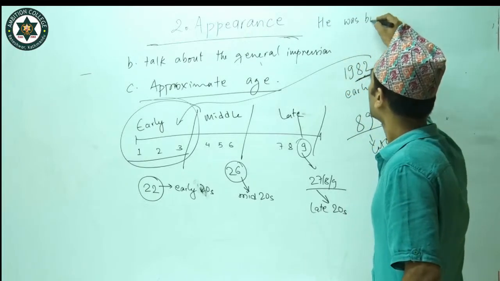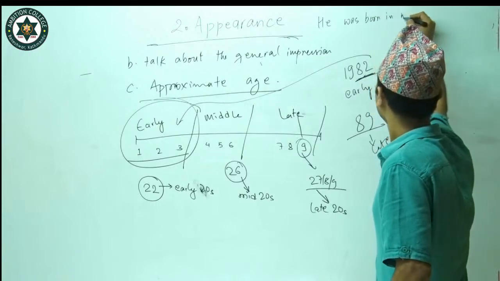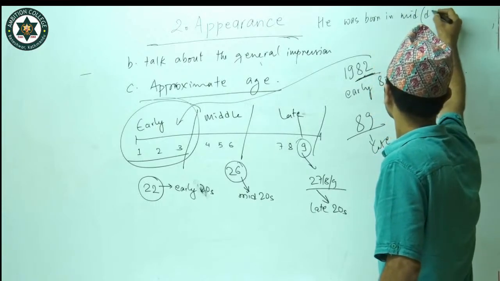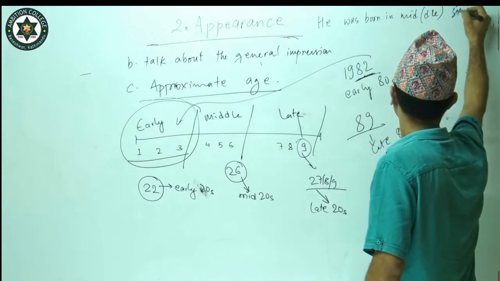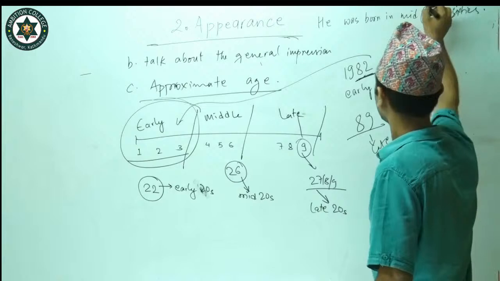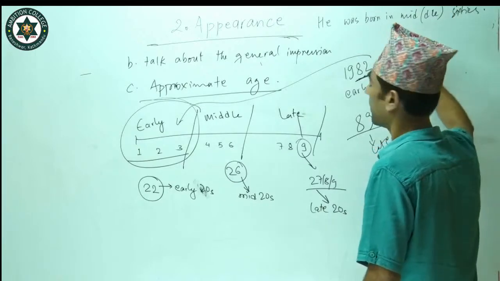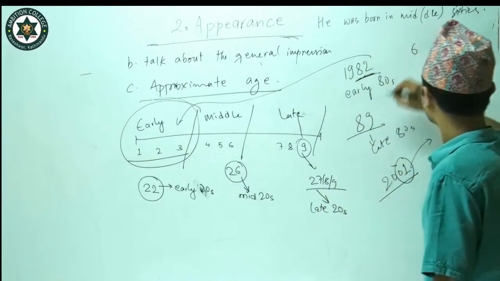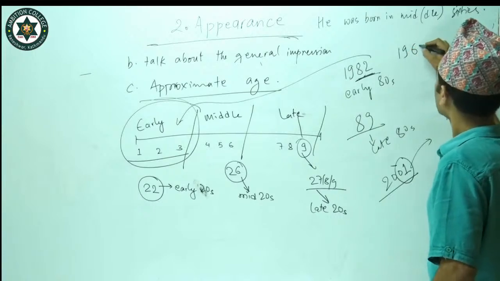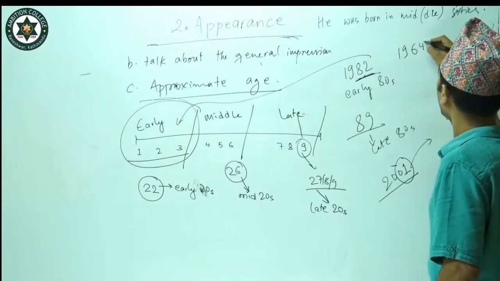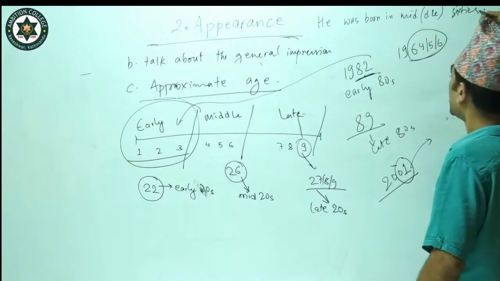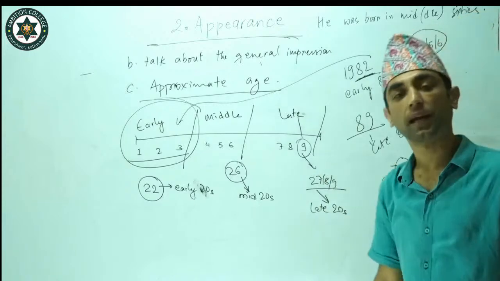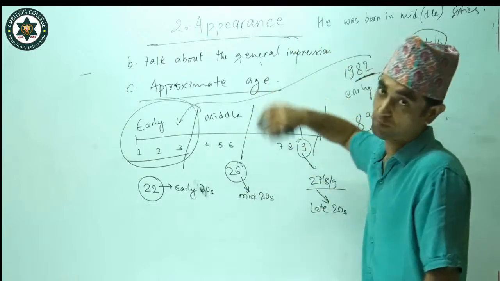For example, in our book, it's given he was born in the mid 60s or middle 60s. Now what does this mean? He must have been born in 1964, 65 or 66. These 3 must be the years in which this person was born.